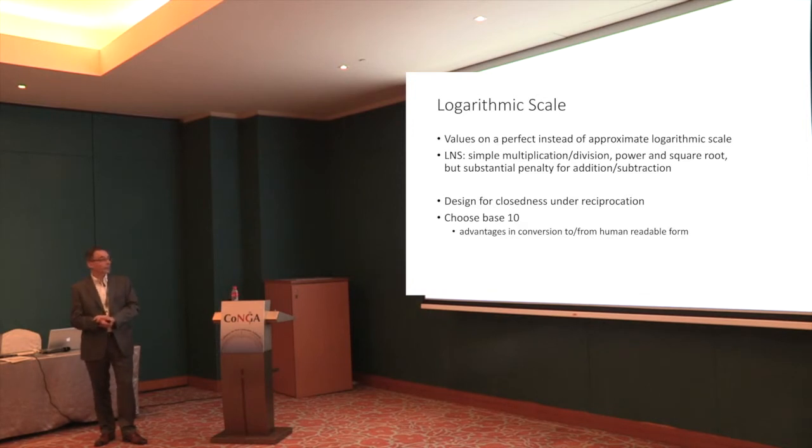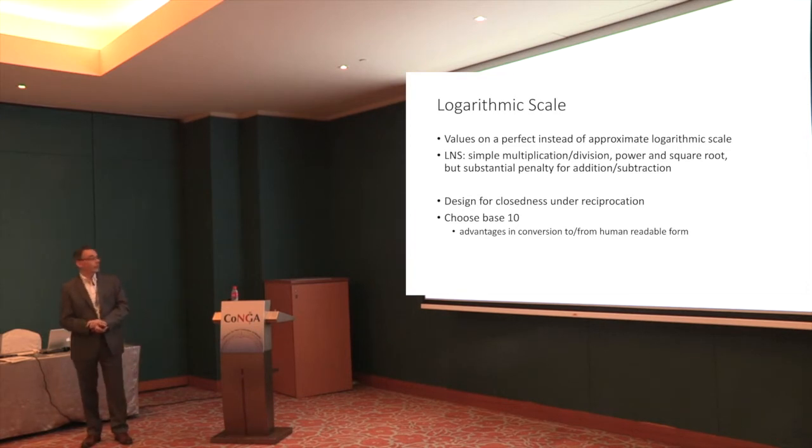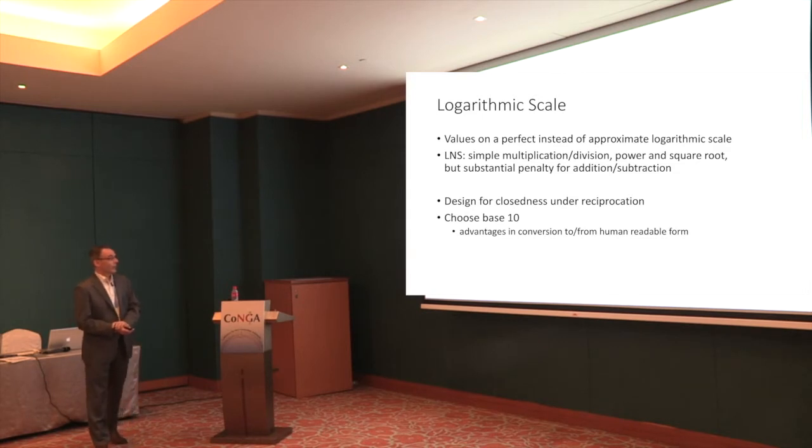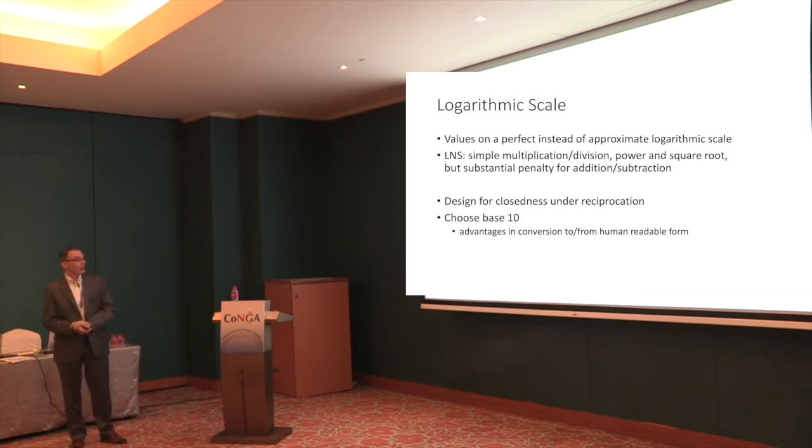We can actually go to the perfect logarithmic scale and then start storing the exponent of our power functions, which leads us to a logarithmic number system. They are known for a long time and have some nice properties regarding multiplication, division, power functions, and square root function. But of course, they also have a painful penalty for addition and subtraction.